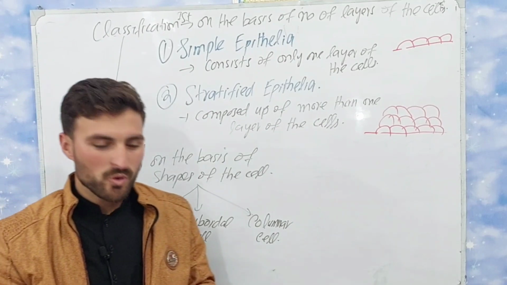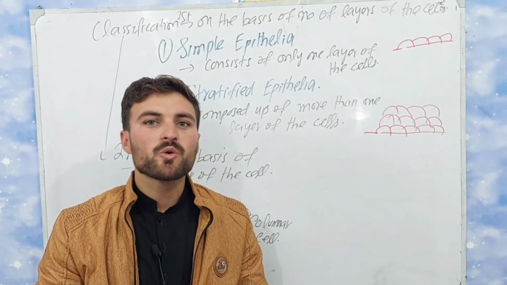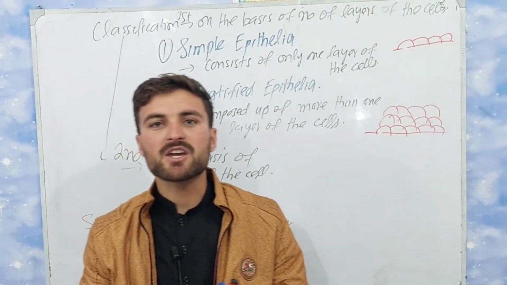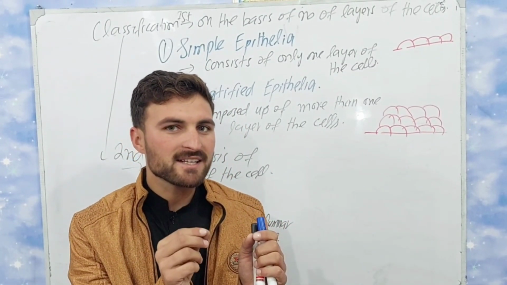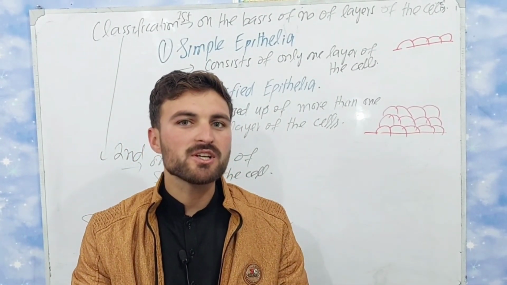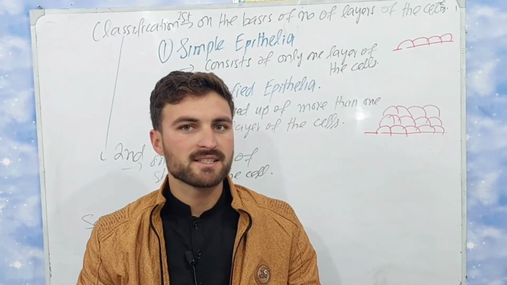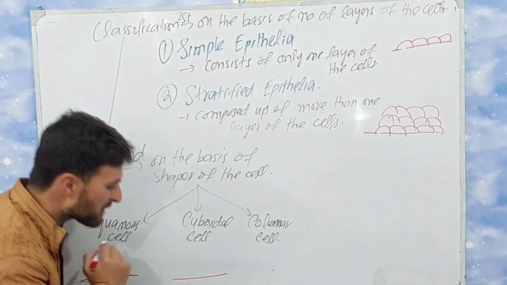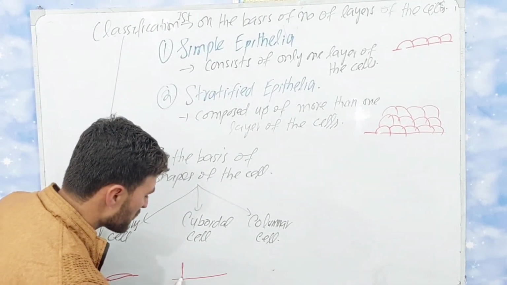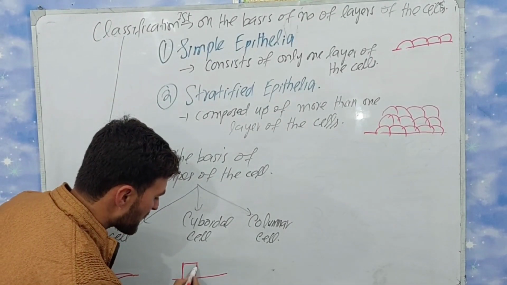Cuboidal cells are those cells which look like a cube. Their width and height are approximately of the same length. Let's suppose this is the basement membrane, so the cell will be like this.